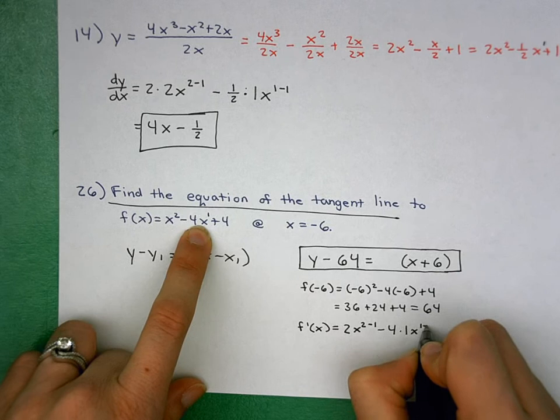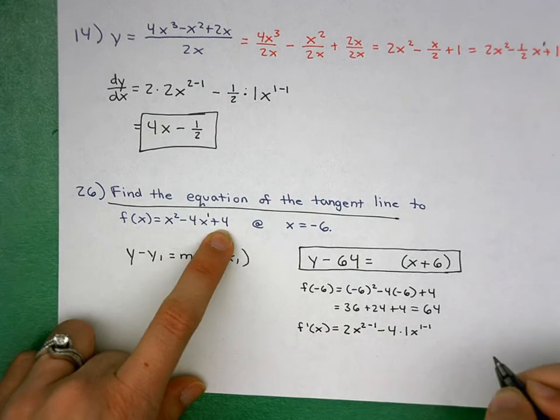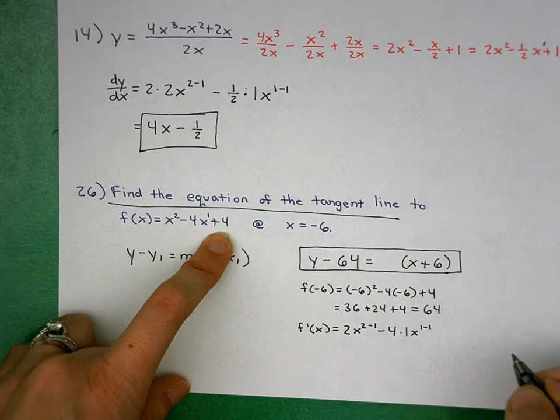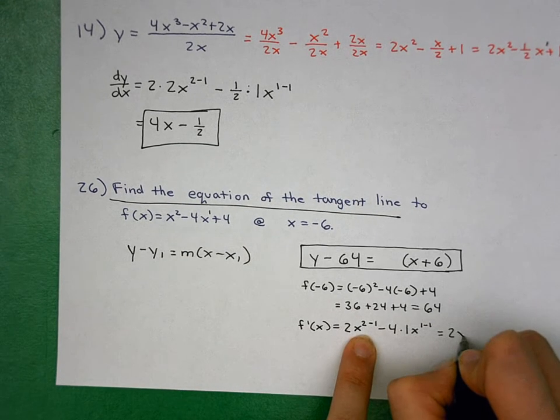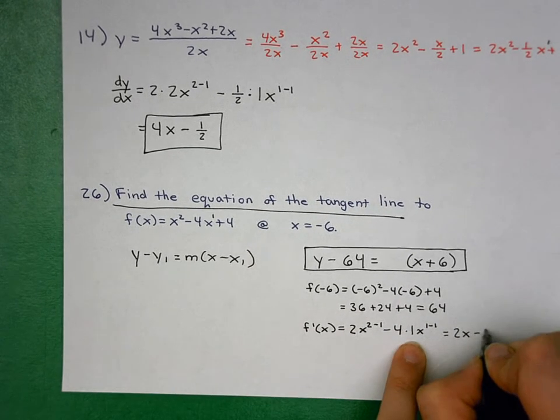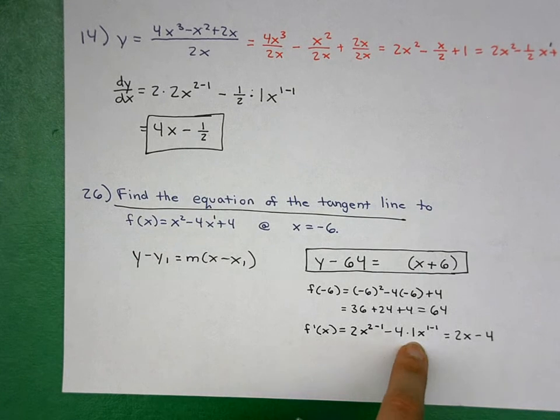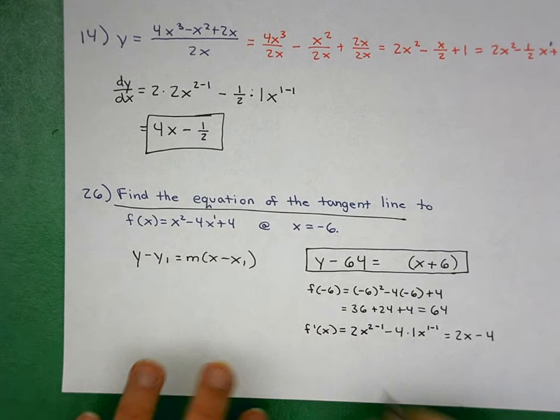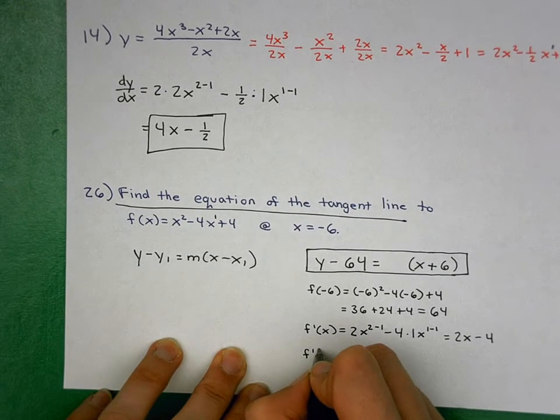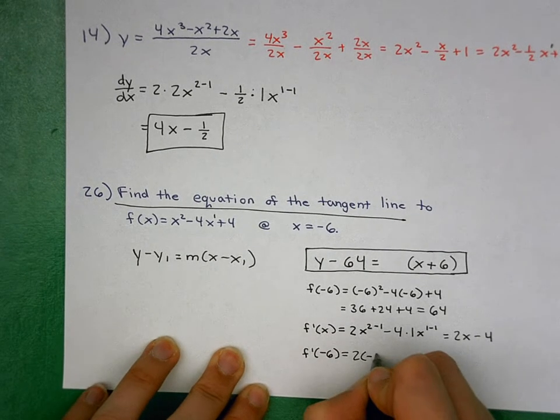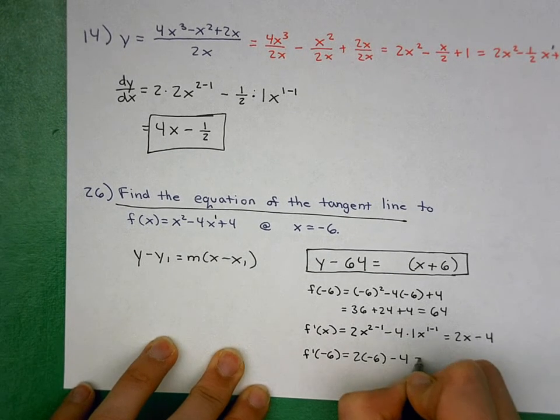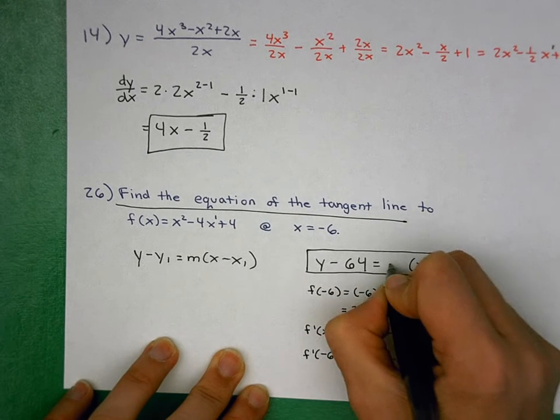Exponent, n minus 1. And last term's a constant. Derivative of a constant is 0. And so my derivative is 2x minus 4. So the slope at x equals negative 6 is that derivative with negative 6 plugged in. 2 times negative 6 is negative 12, minus 4 is negative 16.